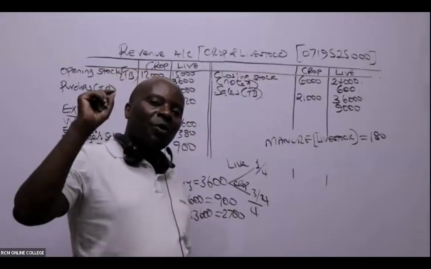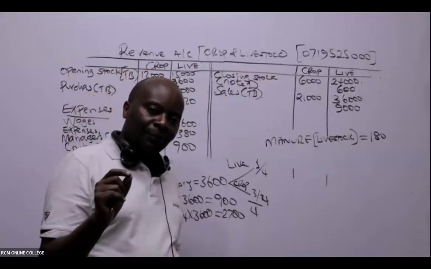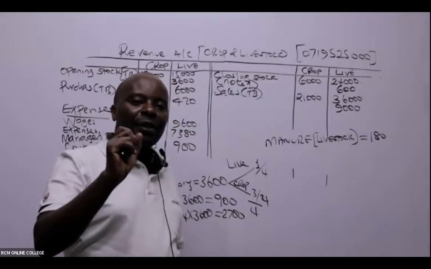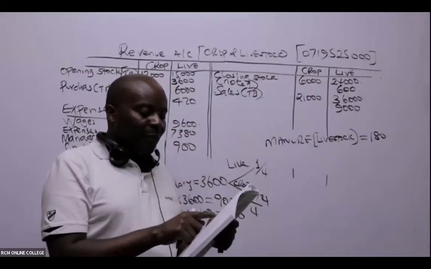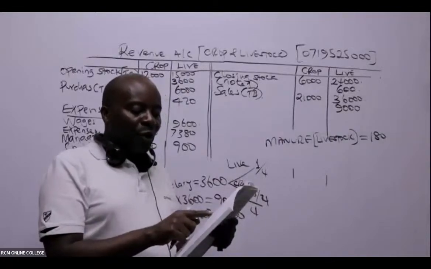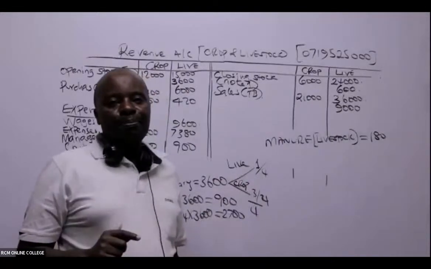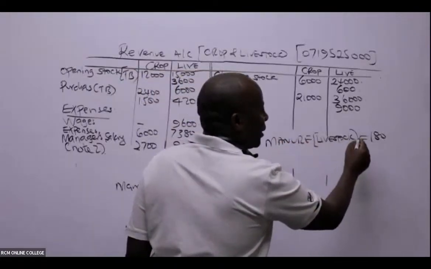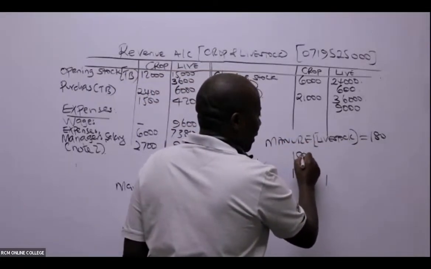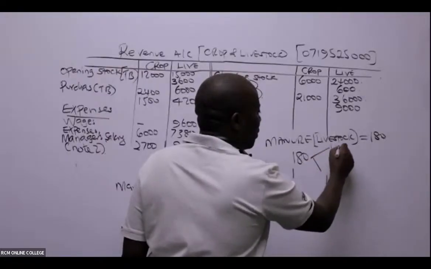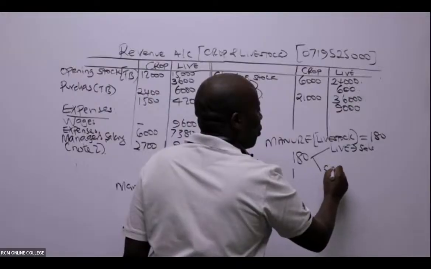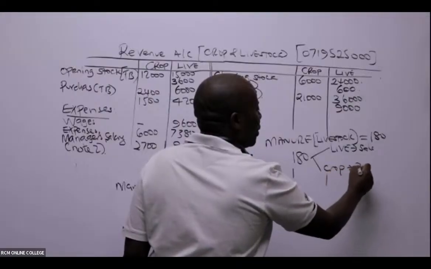We got this manure from livestock, and we took it to crops. We are told manure worth 180 was used in the farm. So in short, livestock made a sale, and the crop, in this case, purchased.